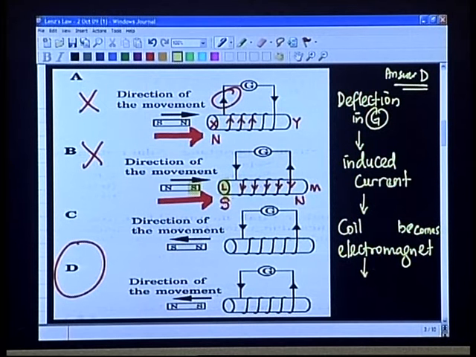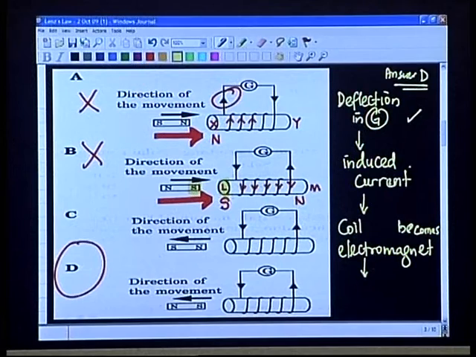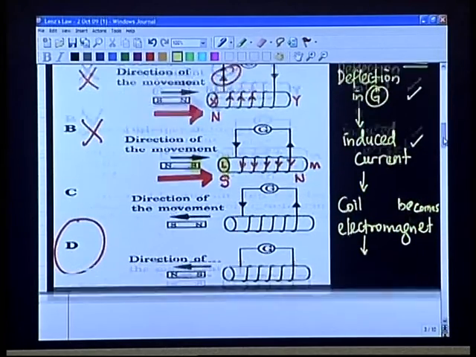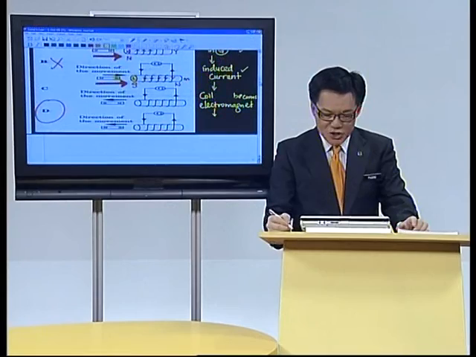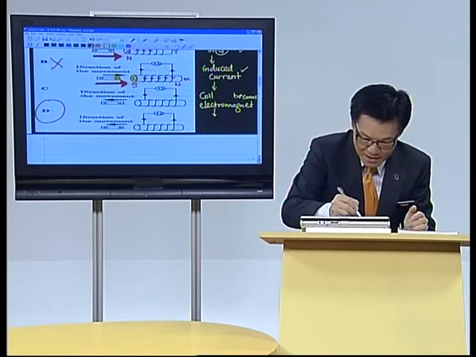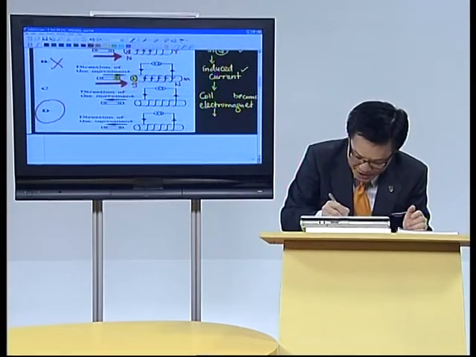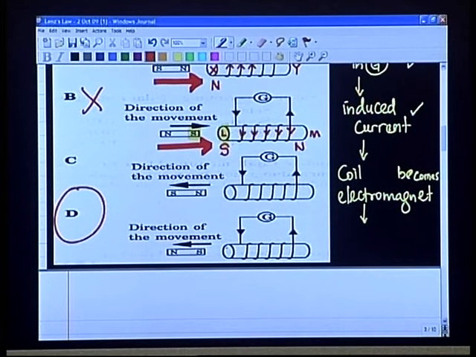In answer D, when the magnet moves out of the coil, you will also see a deflection in the galvanometer. In other words, we say that there is an induced current in the circuit. Very good. Continue. So the coil, I label it another name, I call it PQ.